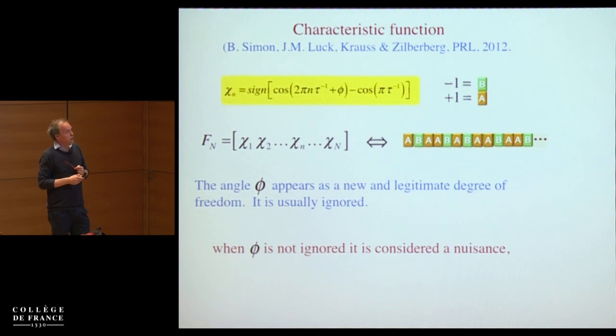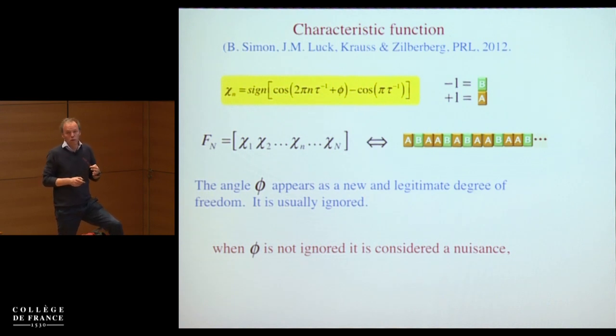You define a function, which is this function. And this function is the sign of this difference between two cosines, where tau is the golden mean. It's a function of n. Now for each value of n, it can take either value +1 or -1.